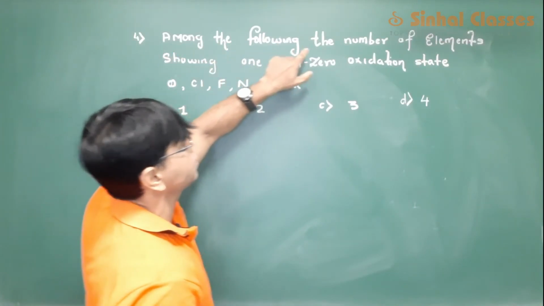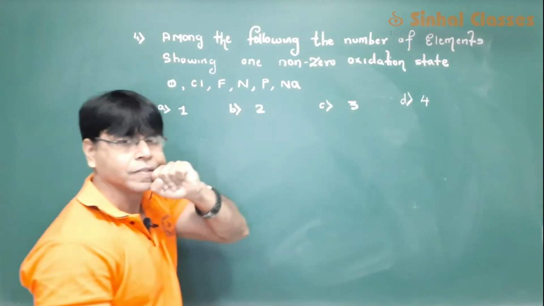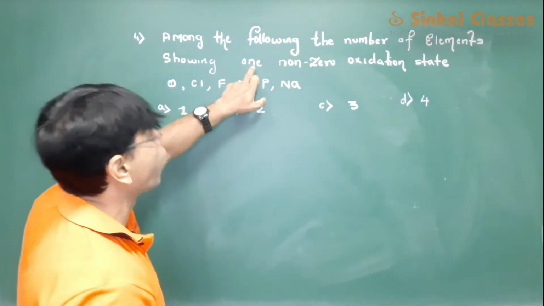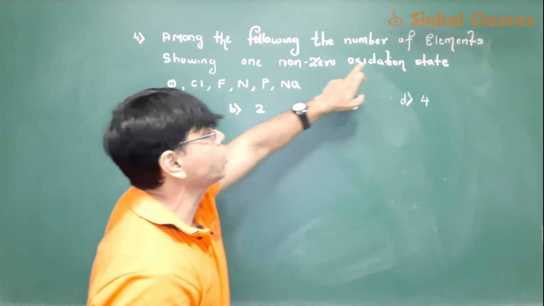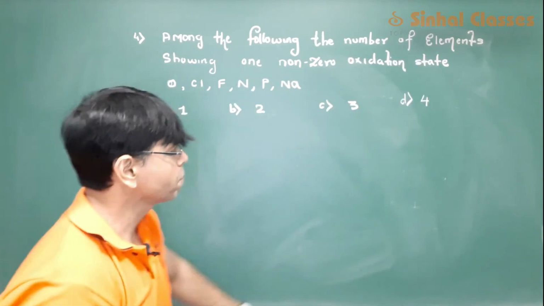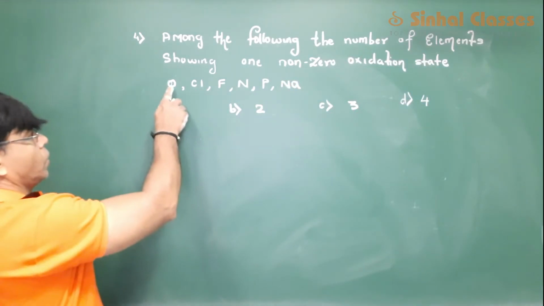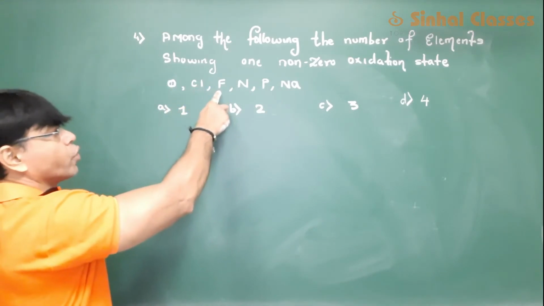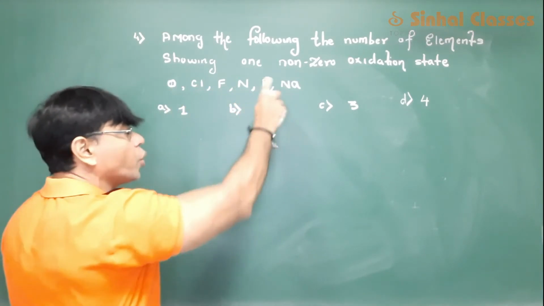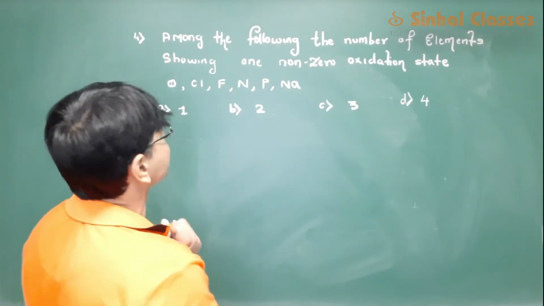Among the following, the number of elements showing one non-zero oxidation state: oxygen, chlorine, fluorine, nitrogen, phosphorus, sodium. So what is the meaning of this question?